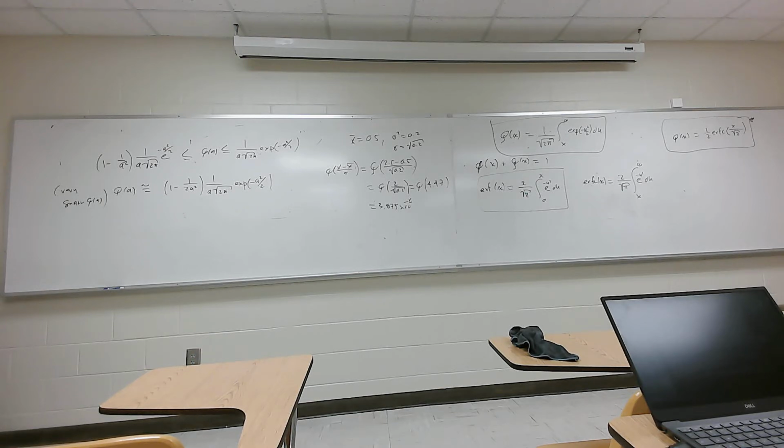Oh, it is the Q function, and that's for 4.47. Maybe it's 4.4721? I got 0.3911 times 10 to the negative 5. That's what the table says for 4.47.